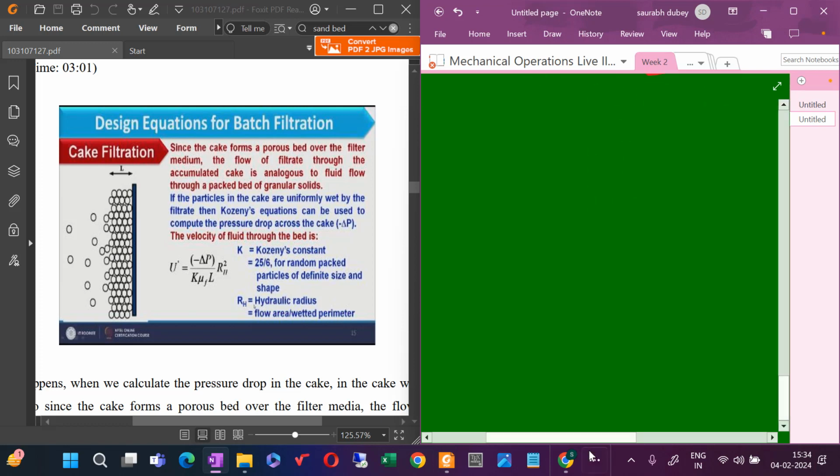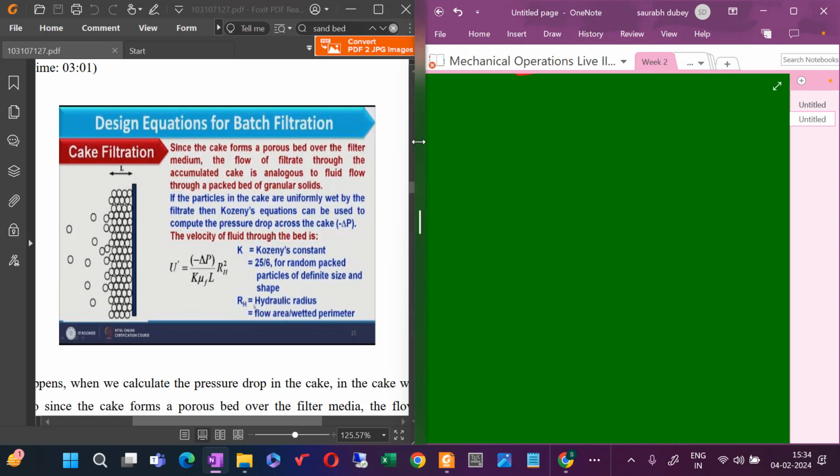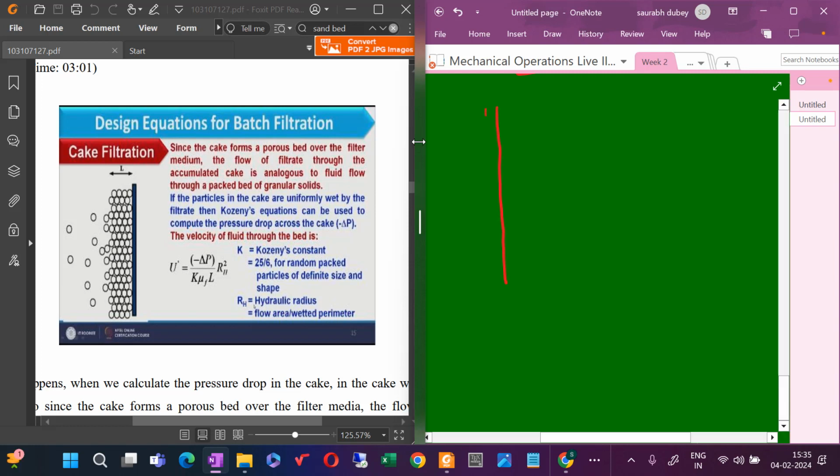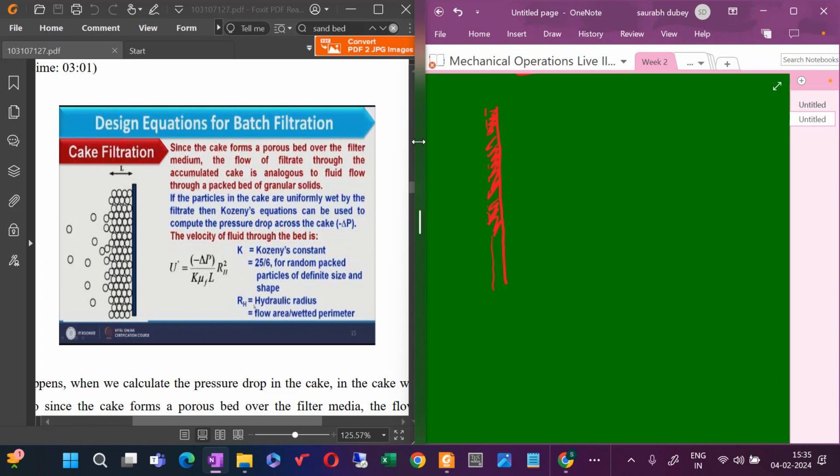Suppose this is the filtrate. This is made up of something like some cloth. This red one is the filter layer.